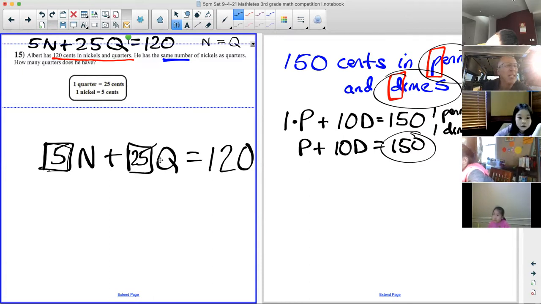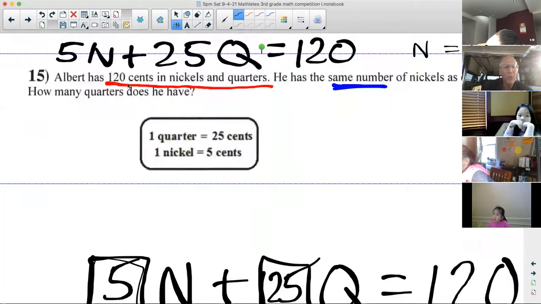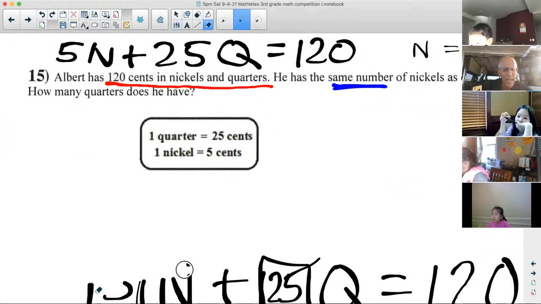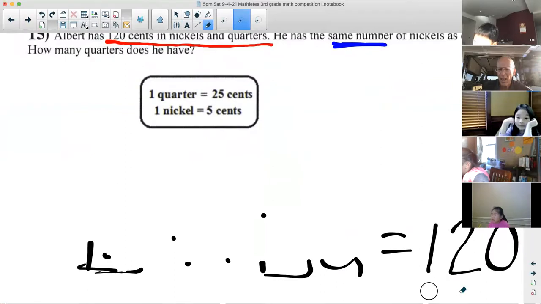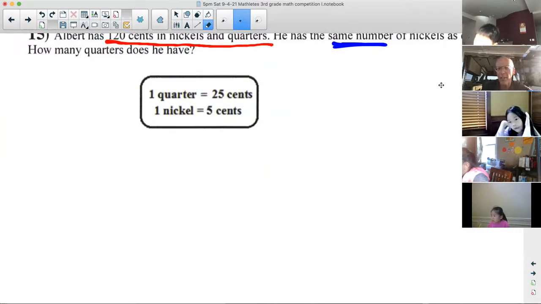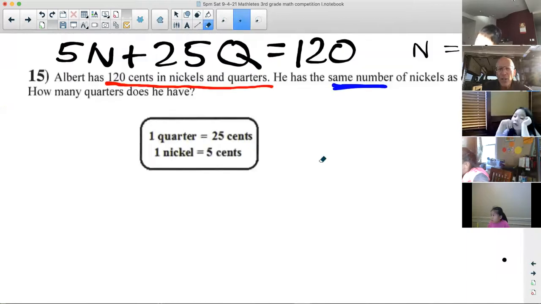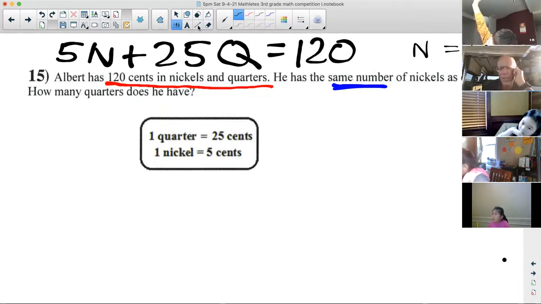Now, the question is, how many quarters does he have? Let's go back to a single page, and think about what we've written down. We've written down two separate algebraic equations: 5N plus 25Q equals 120, and N equals N. What could we do to solve this, to find out the number of quarters?